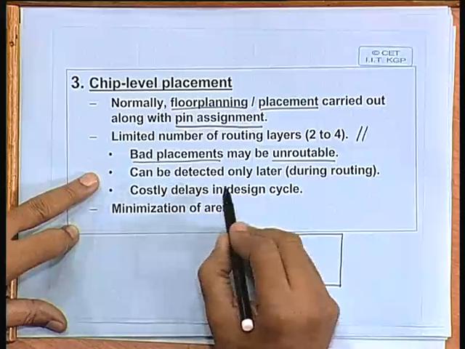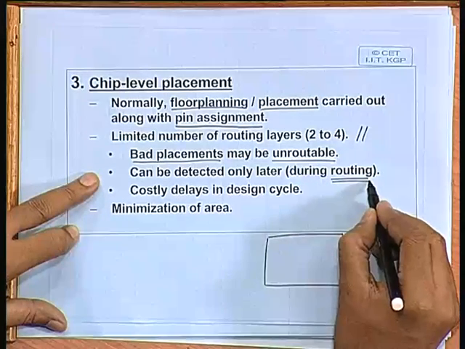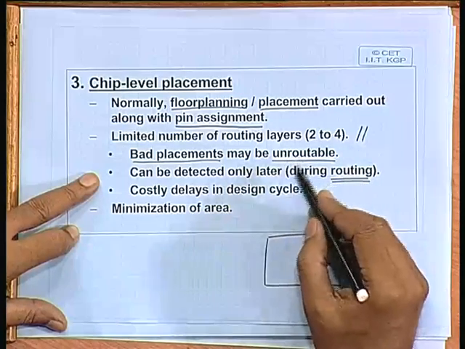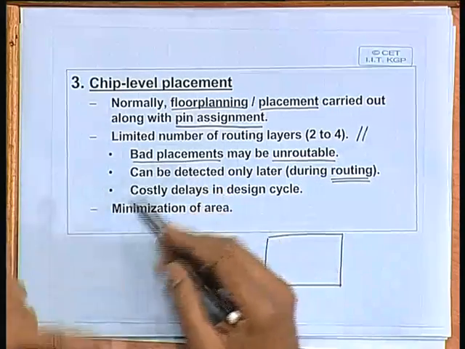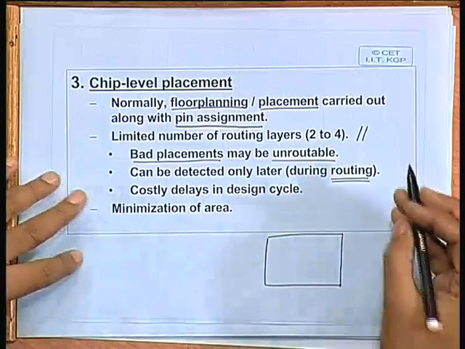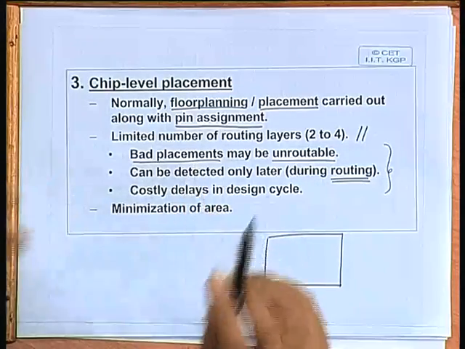This can be found out only much later while you are doing the routing. So, if you find out during routing that the placement is unroutable, you will again have to go back and change the placement and do it again. So, this is a costly delay in the overall design cycle, but you will have to live with this. So, a good placement is very important. If the placement is good, you may not have to iterate in this way.